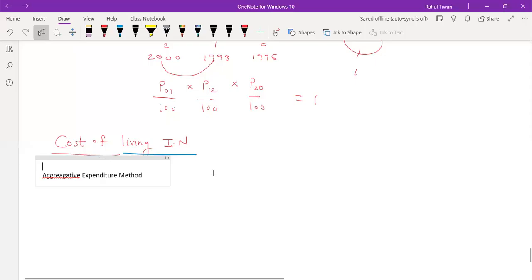Right now there are two methods of calculating cost of living index number.